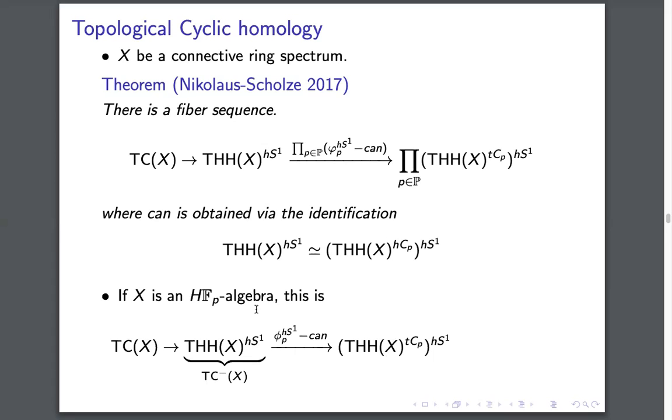Now, it's kind of nice because the left-hand side is a homology theory that was already known and defined and studied. That's called the negative cyclic homology. And on the right-hand side, this also has an identification as the Tate construction on THH of X with respect to the circle. And that also has a name. That's called the topological periodic homology. So basically, TC becomes the fiber of a map between two homology theories that people already knew.